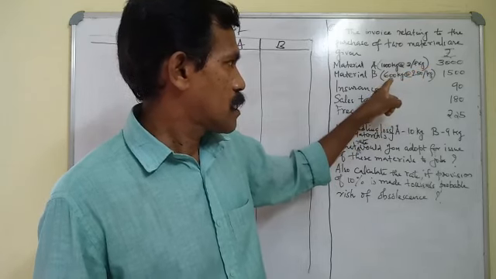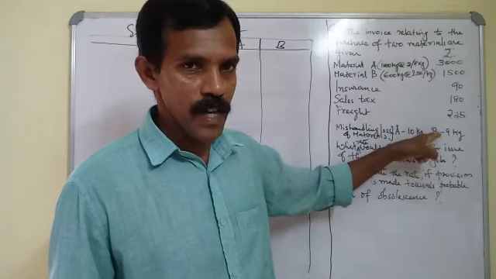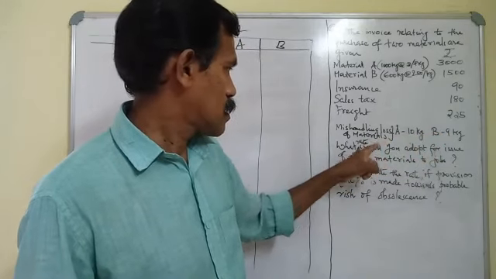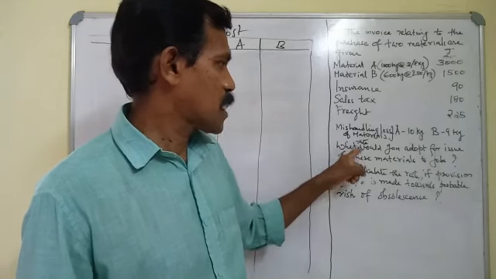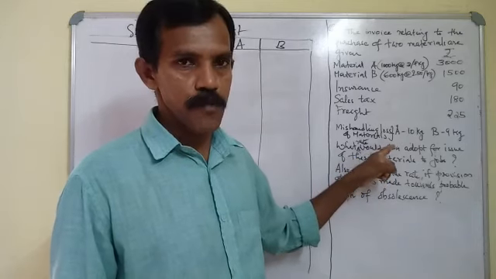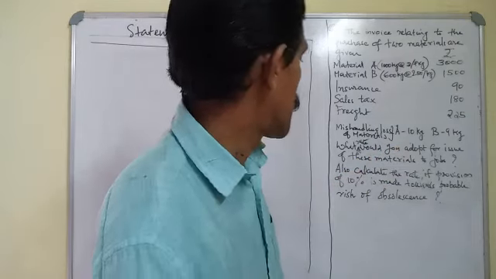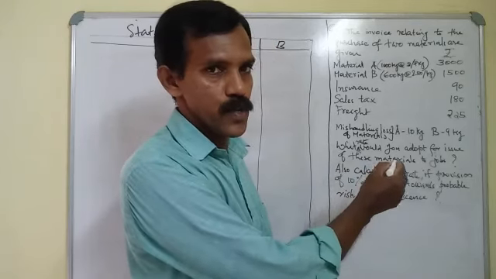B's quantity is 600 kilograms, and its mishandling is 9 kilograms. We have to deduct it. Our first question is this: what rate would you adopt for issue of these materials to jobs?